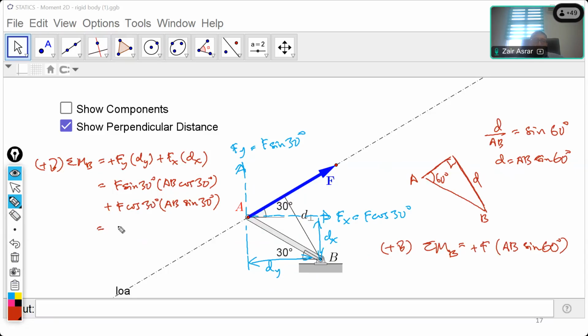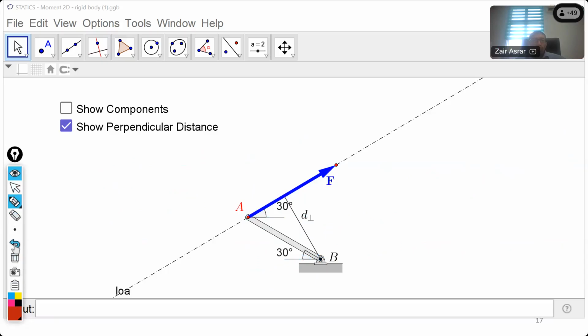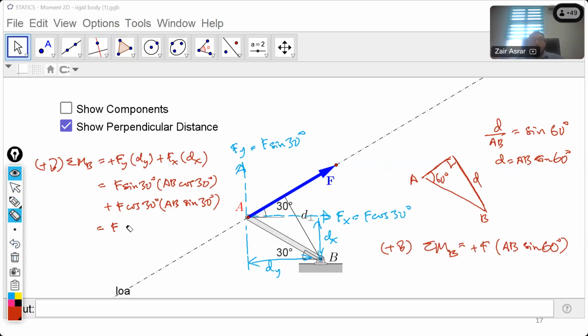We have F times AB, F sine 30 degrees cos 30 degrees, and then we have here F times AB, cos 30 degrees sine 30 degrees.